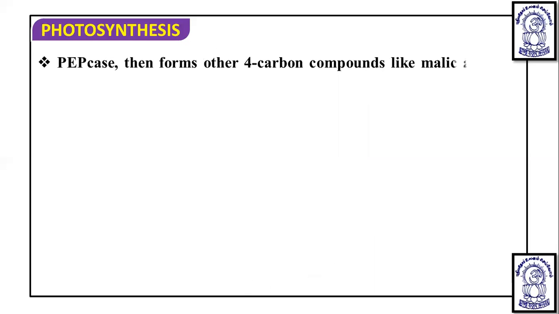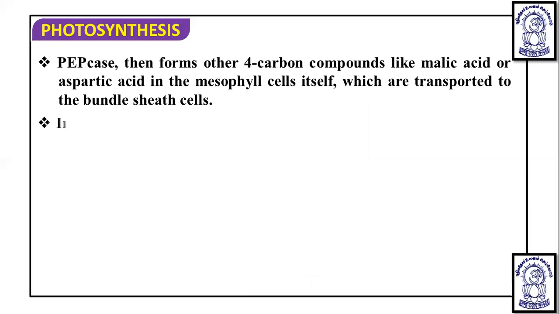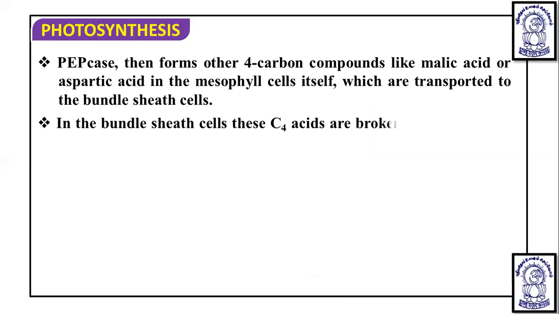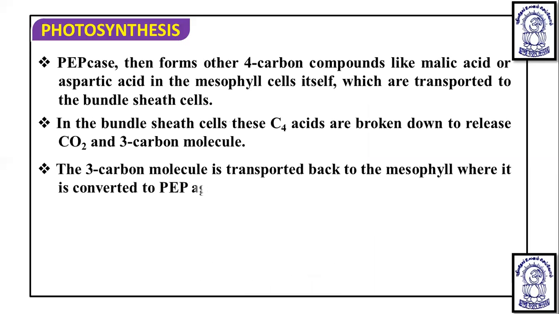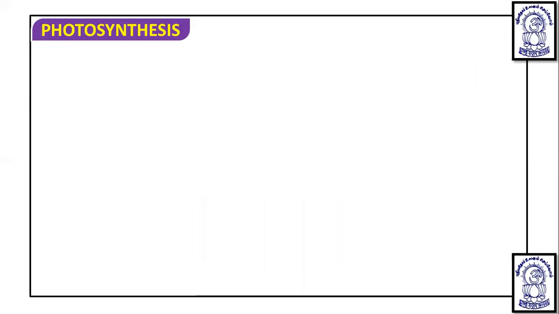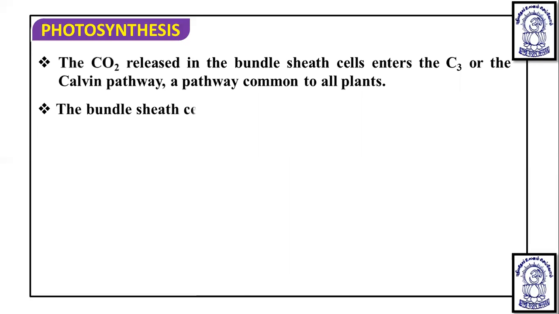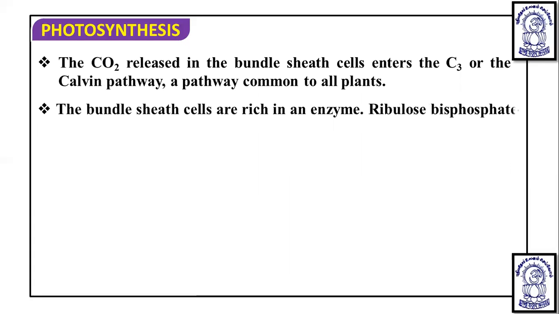PEPcase, ultimately we have understood, forms a 4 carbon compound, that is malic or aspartic acid, in the mesophyll cell that is transported to the bundle sheath cell. In the bundle sheath cell the C4 acids are broken to release a 3 carbon compound and CO2. The 3 carbon compound is transported back to the mesophyll, where it is converted to PEP again, completing the cycle. The CO2 released in the bundle sheath cell enters the C3 pathway, that is the Calvin cycle, which is the pathway common to all plants.